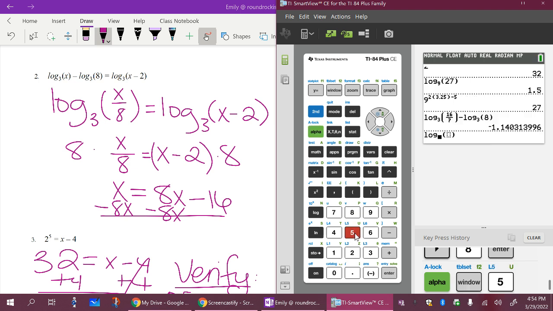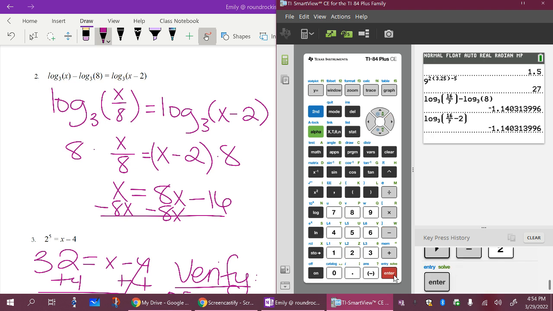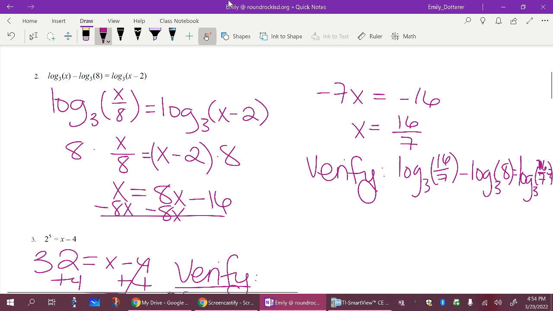So it is a weird decimal, but that's okay. We just have to make sure that it's the same as whatever we get from the second part. And indeed it is. There it is. So there we go.